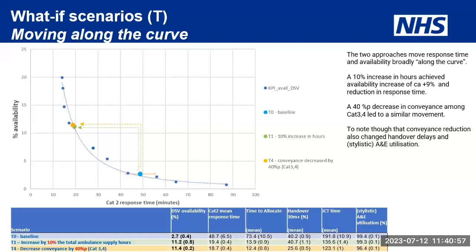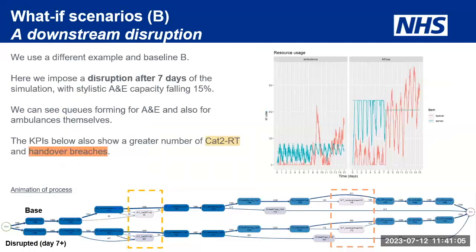In this case, we're not assuming that those will end up as walk-ins. The last thing, just to show another example. What we're doing here is, at some point after 7 days, decreasing the capacity, so an abrupt decrease in capacity in our A&E.